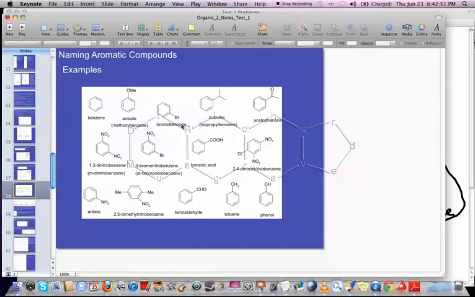So going back and looking at those again, the ones you would need to know would be benzene, I think cumene as well, but acetophenone, benzoic acid, aniline, benzaldehyde, toluene, and phenol. Those are all important base chains on their own. They are so common as aromatic compounds that things that are made from them will be named after them as well.